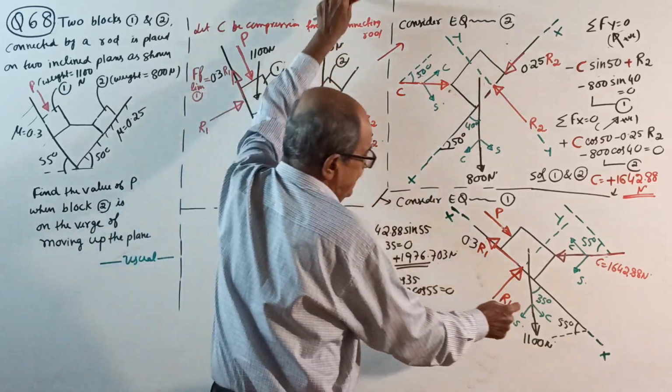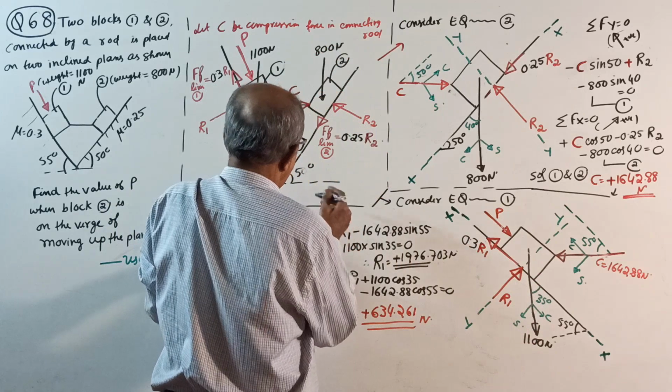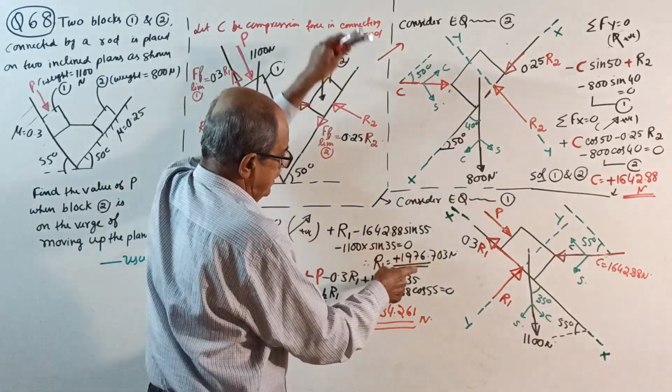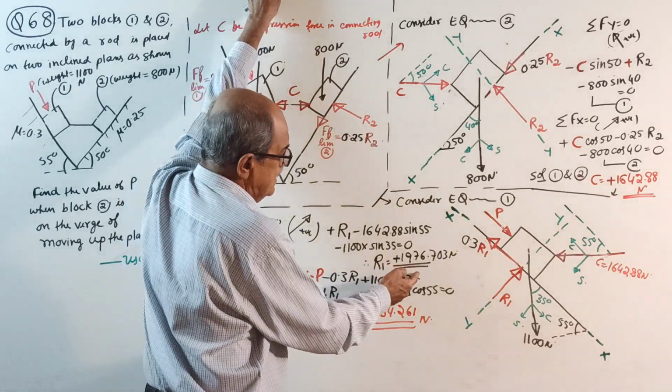If this is 55 degrees, this is 35 degrees, already known to you. Equal to 0, you get the value of R1, I already solved it.